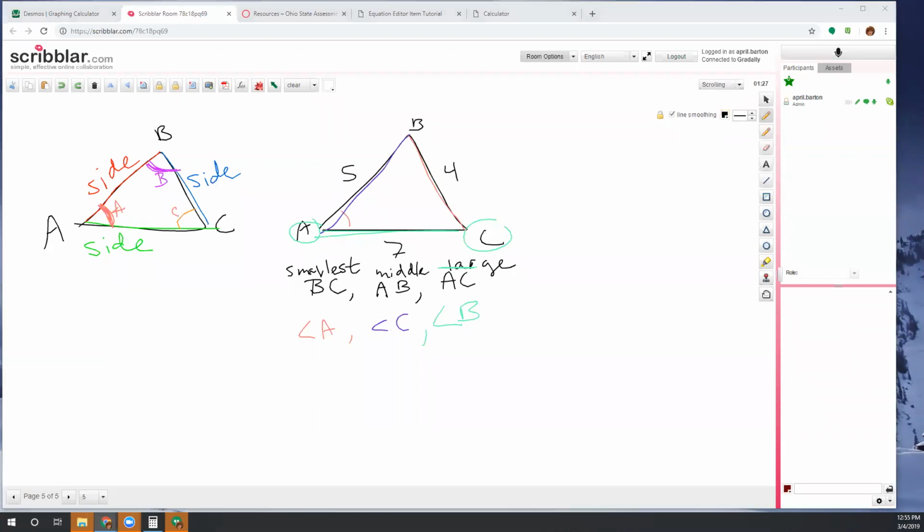So you can do the opposite. And the opposite is if they give you the angles, but they don't give you the sides.